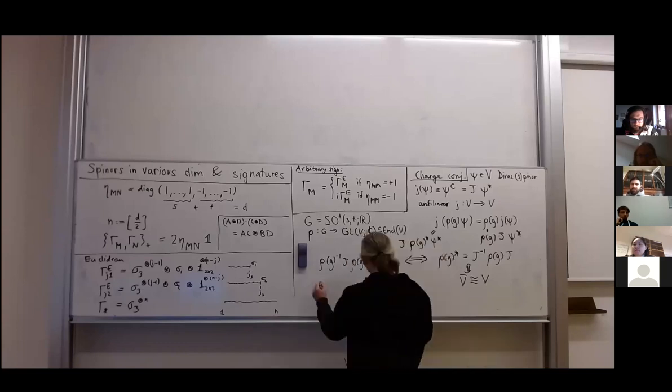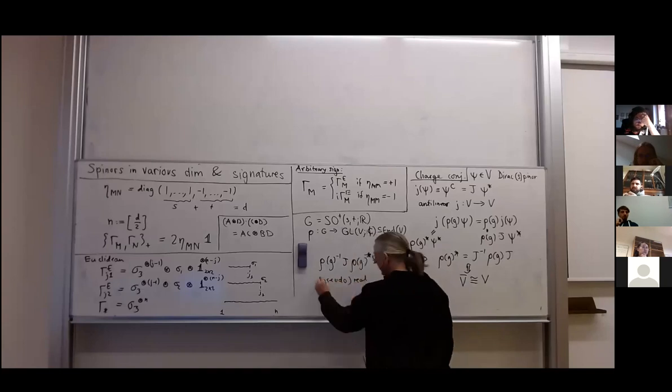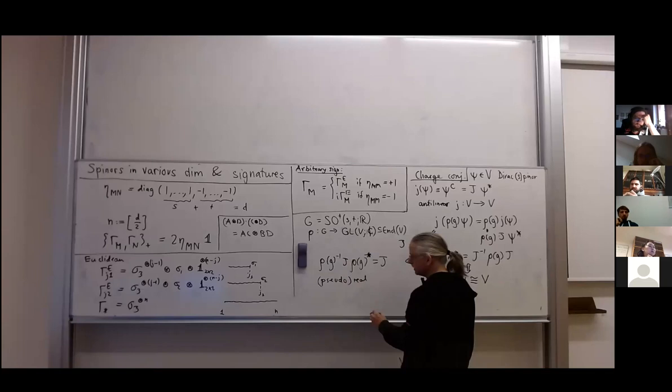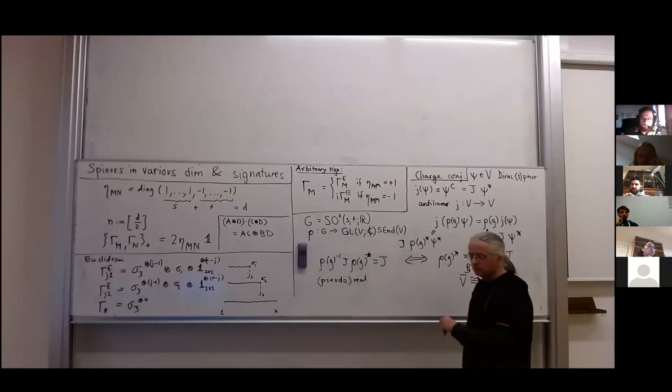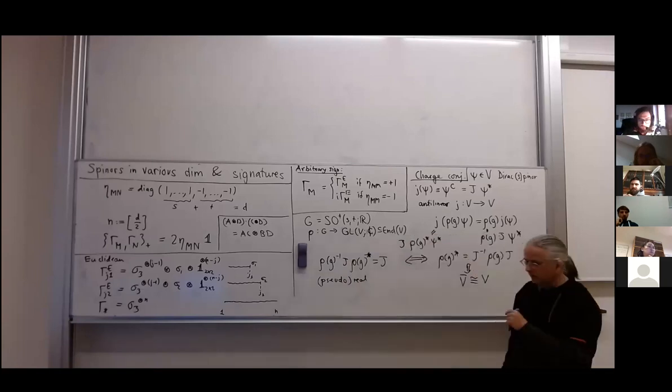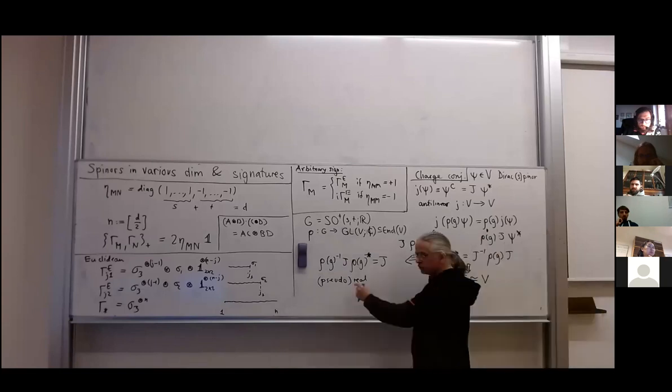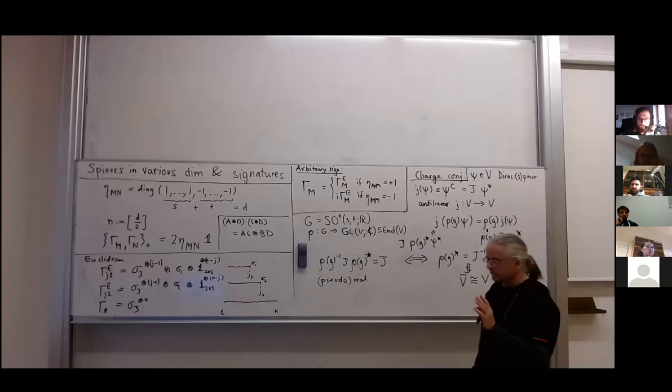But for now, when the complex conjugate representation is the same as or isomorphic to V, then we are in the case we call pseudo-real. And sometimes it's real and sometimes it's pseudo-real. So this is two cases I'm trying to write very briefly, but it's really two cases, as we will discuss in a moment.